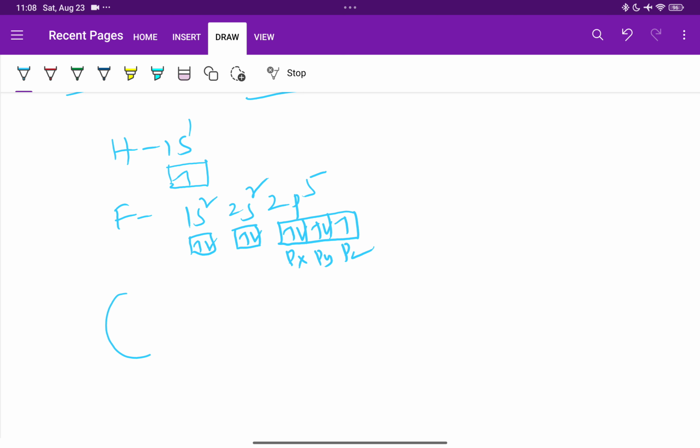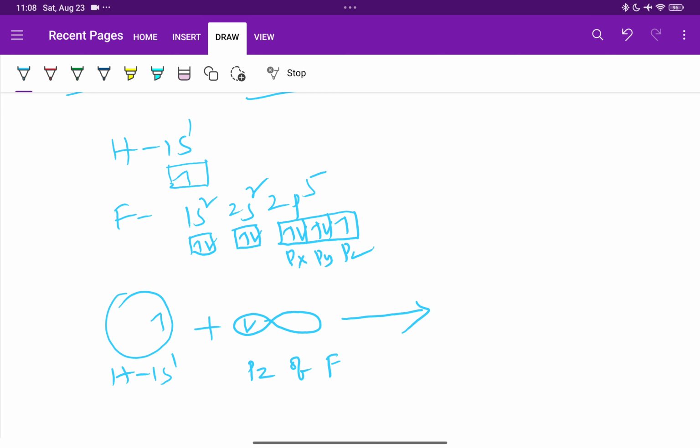So hydrogen s orbital, clockwise electron, and fluorine pz, so here anti-clockwise electron. So to overlap, the orbital should contain unpaired electrons with opposite spin.